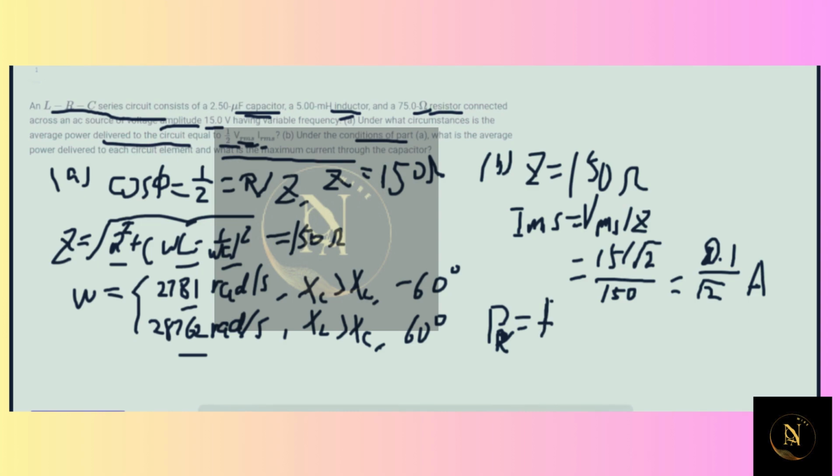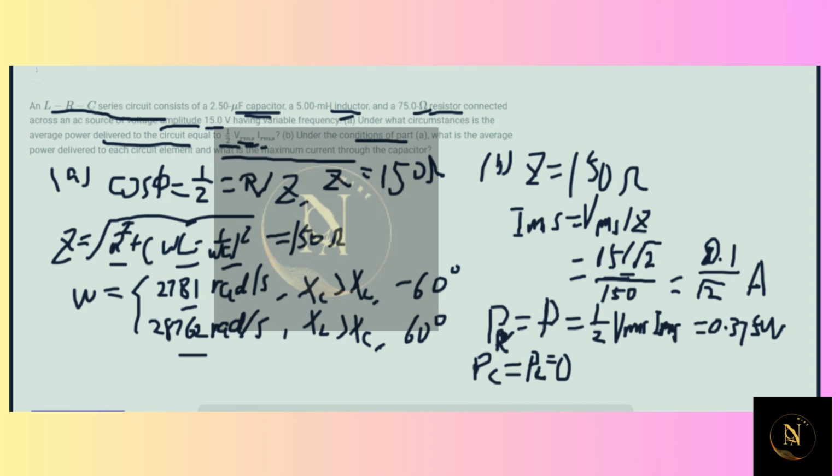So this is just equal to P, which is simply half V_RMS times I_RMS. If you plug in the value for V_RMS, which is 15 over square root 2, the final result is 0.375 watts. And of course, P_C equals P_L equals 0, because they do not consume power.